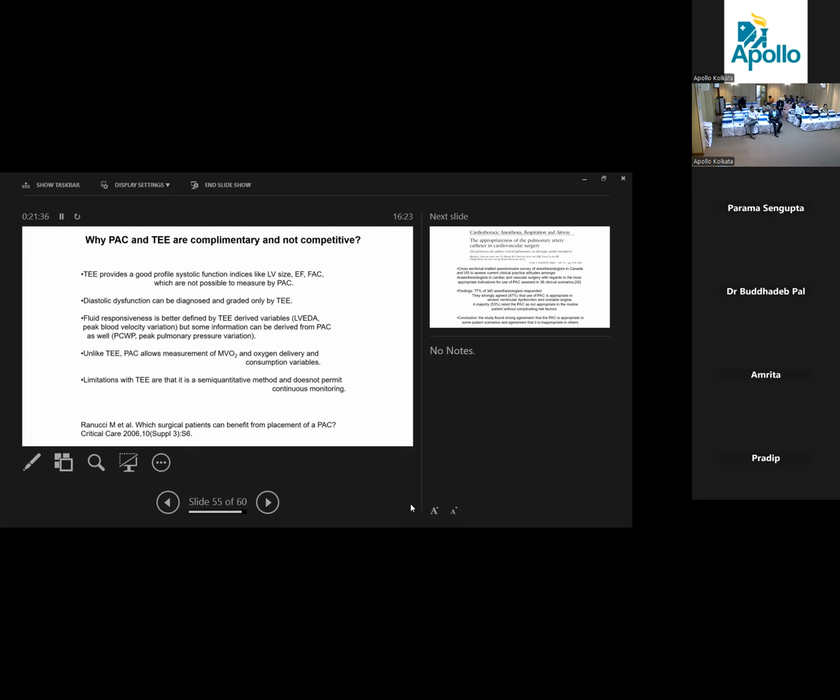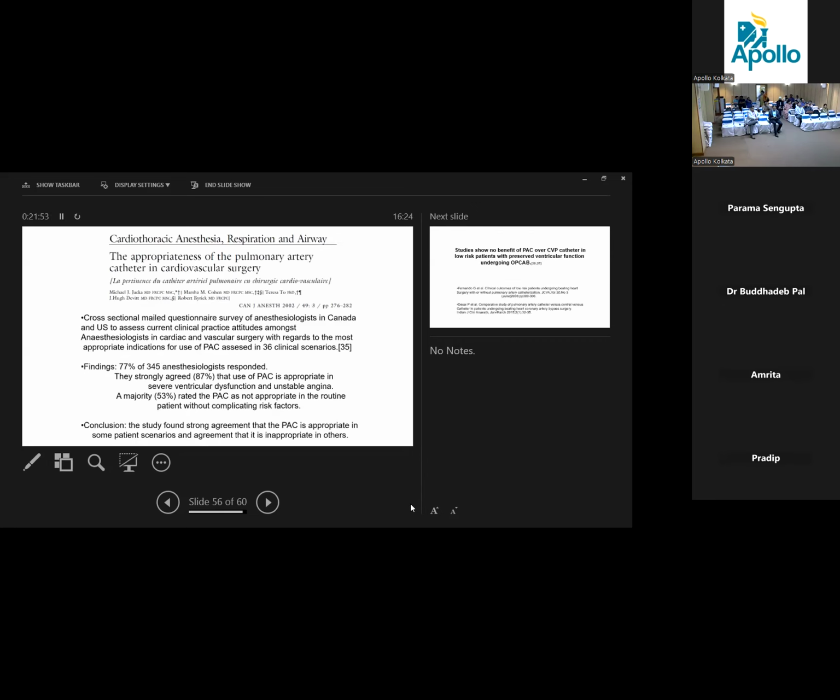Unlike TE, the PA catheter allows measurement of MVO2 and oxygen delivery and consumption variables. The limitations of TE are that it is a semi-quantitative method and does not permit continuous monitoring. So PA catheter and TE are complementary, not competitive.